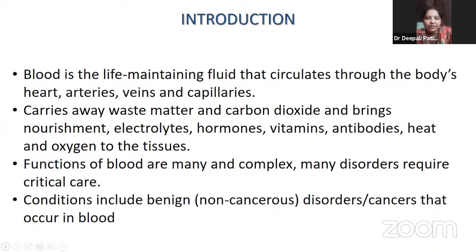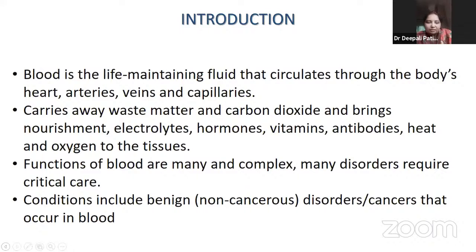Blood is a life maintaining fluid that circulates through the body's heart, arteries, veins, and capillaries. It carries away waste matter and carbon dioxide and brings nourishment, electrolytes, hormones, vitamins, antibodies, heat, and oxygen to the tissues. Functions of blood are many and complex, and many disorders require critical care.